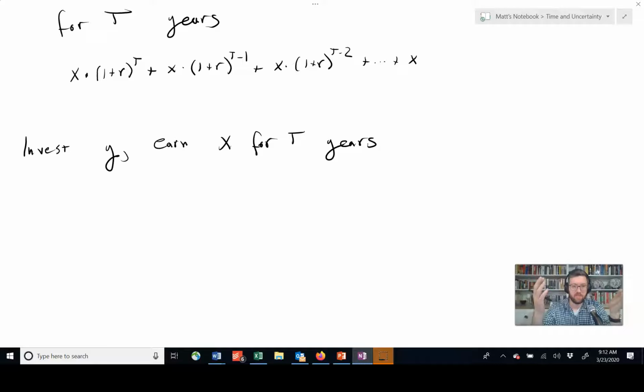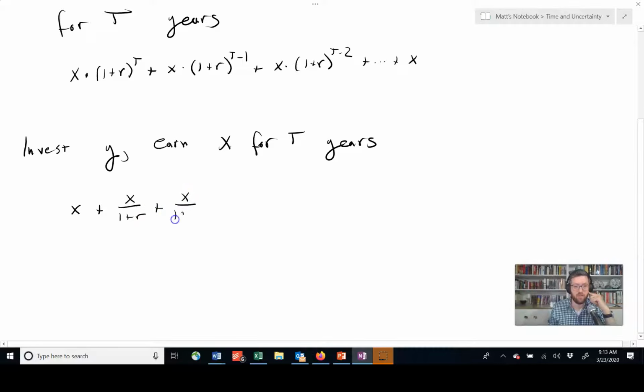Well, you do basically the same kind of thing. Now we have a stream of income, just like we had a stream of savings before, but we want to figure out what that income is worth in the present period. So we're going to save a little bit of money in the first year, and that'll just be worth, say, X. Then in the next year, we save a little bit of money, but we have to discount it by the interest rate, 1 plus R. And then in the year after that, we have to discount that twice.